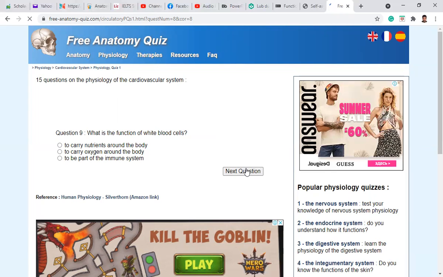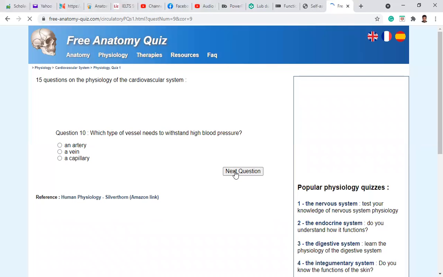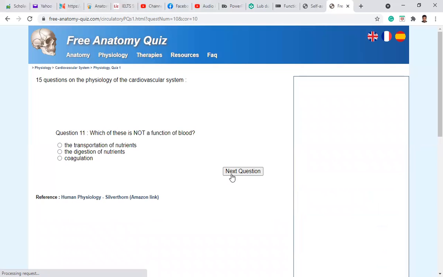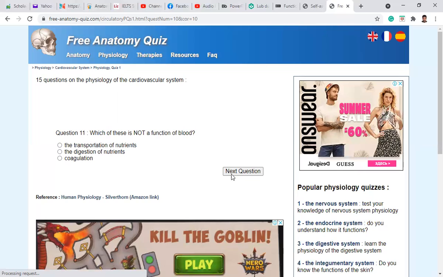What is the function of white blood cells? Part of the immune system. Okay. Digestion of the nutrients.